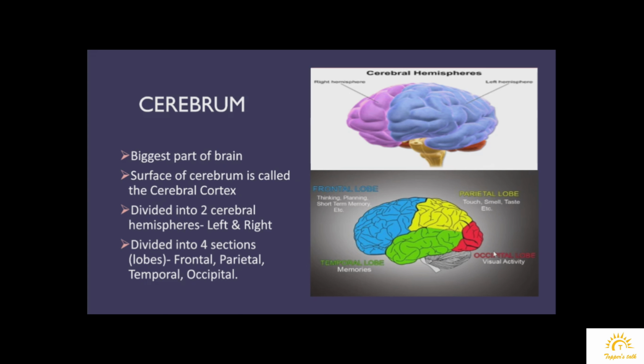Each lobe controls specific functions. For example, the frontal lobe controls thinking and reasoning, while the temporal lobe controls memories and speech. And did you know cerebrum is a term often used to describe the entire brain?